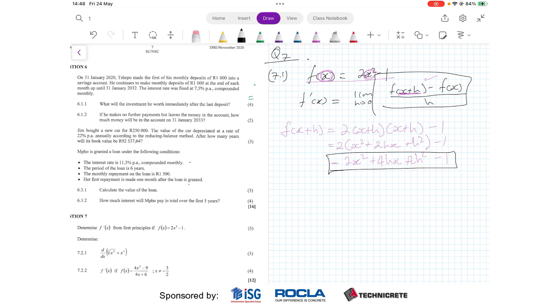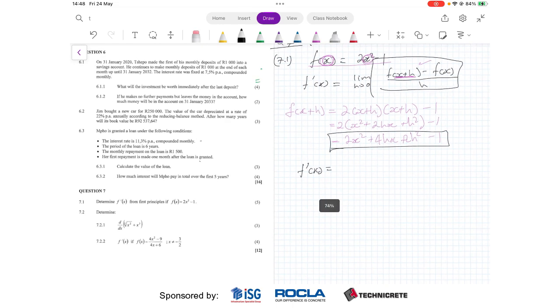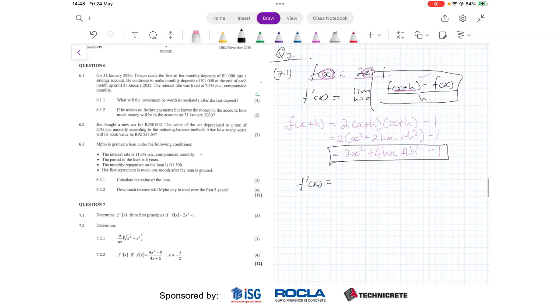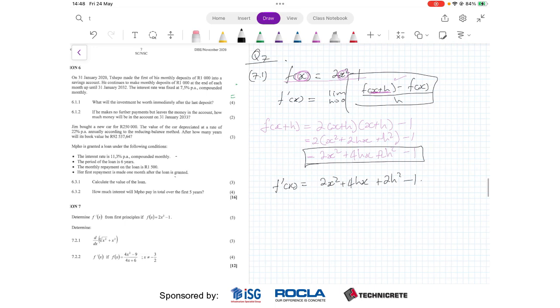When we substitute that into our formula for the first derivative using first principle, we get that f prime at x is equal to, we substitute in 2x squared plus 4hx plus 2h squared minus 1 minus the entirety of f at x, okay? Minus the entirety of f at x.